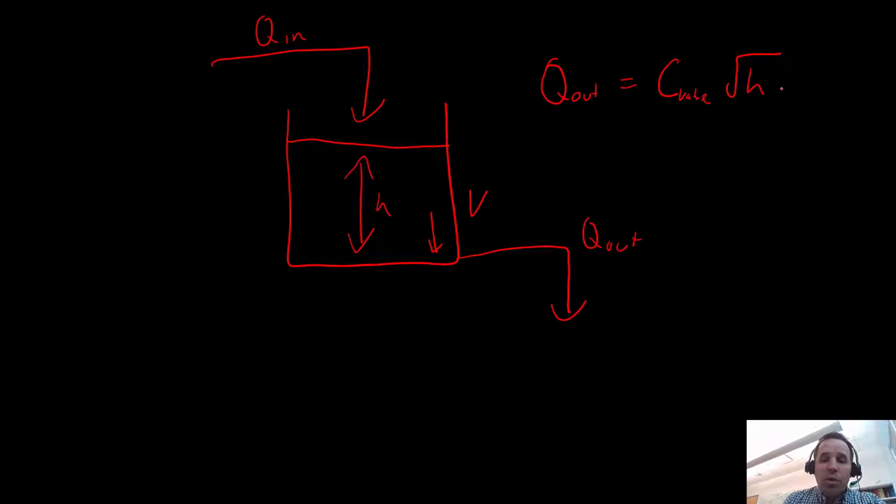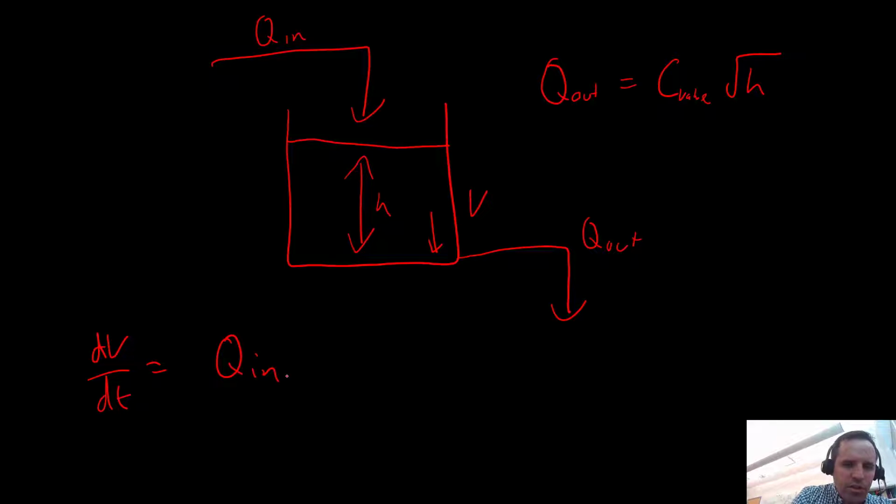If we wanted to write a balance equation, assuming that the density of the fluid stays constant throughout, then we can do a volume balance, which would be equivalent to a mass balance for the system. And that would just be that dV dt is equal to Q in minus Q out.